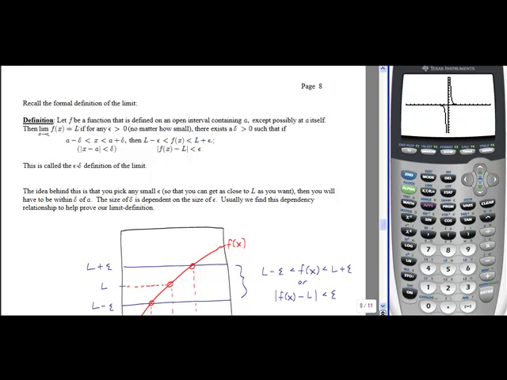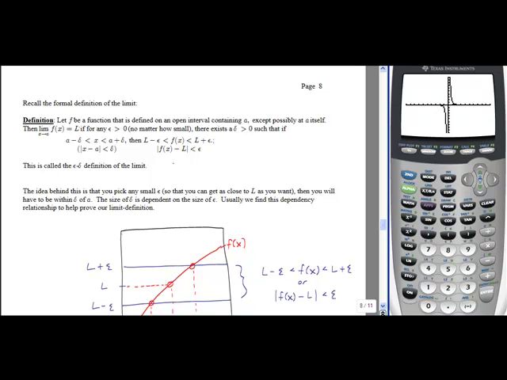Then the limit as x approaches a of f of x is equal to L if, for any epsilon greater than 0, no matter how small, there exists a delta greater than 0, such that if x is between a minus delta and a plus delta, which is just another way of saying that the distance from x to a is less than delta, or the absolute value of x minus a is less than delta, then f of x is between L minus epsilon and L plus epsilon, which is just another way of saying that the distance between f of x and L is less than epsilon, or the absolute value of f of x minus L is less than epsilon. This is called the epsilon definition of the limit.